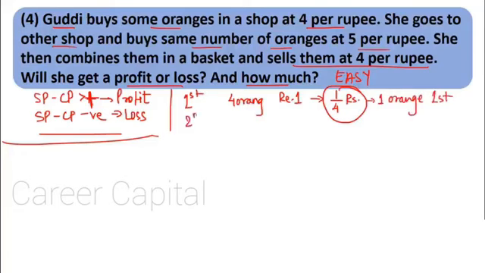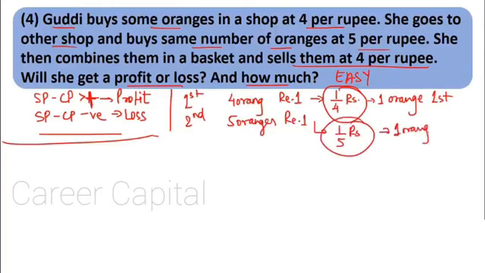Same way in the second shop she got 5 oranges for rupee 1, and the price would be 1 by 5 rupees for 1 orange. So this is the price of 1 orange in the second shop. Now what she did was that she combined all the oranges in the basket.